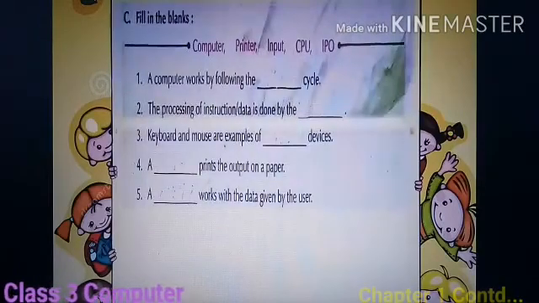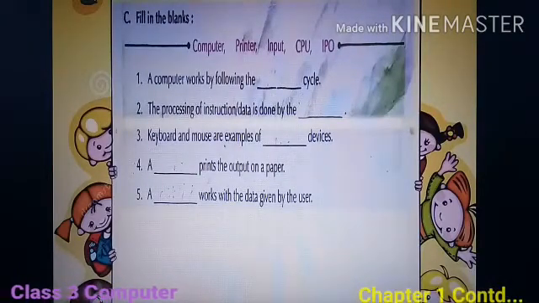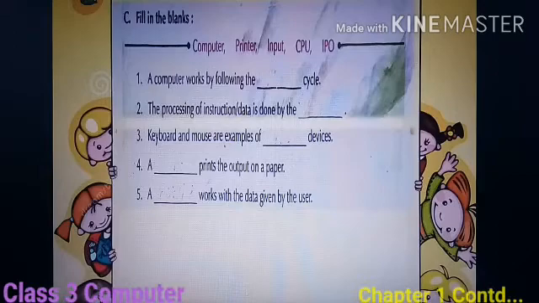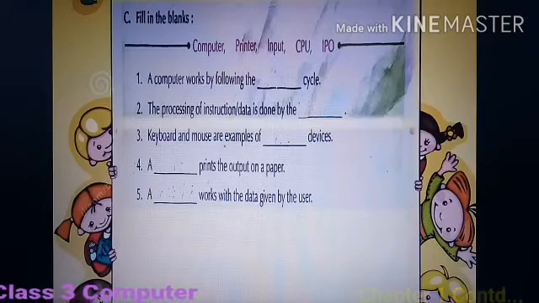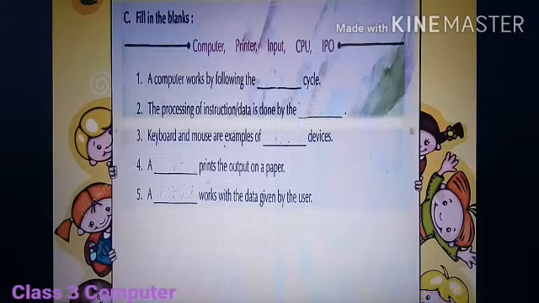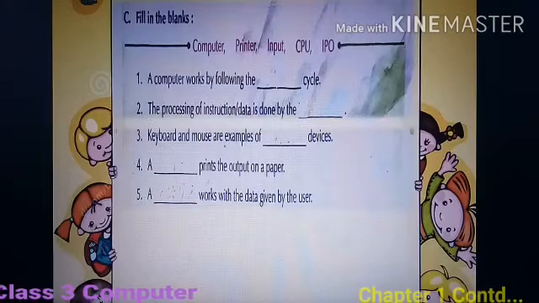Now we are moving to the next assessment. That is, fill in the blanks. And we have options. That is, computer, printer, input, CPU and IPO. The first question in fill in the blanks is, a computer works by following the dash cycle.